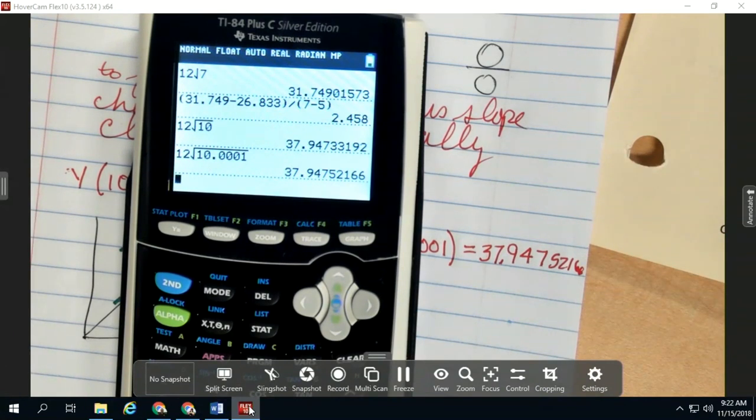Okay? So let's use that calculation to find the instantaneous rate of change.